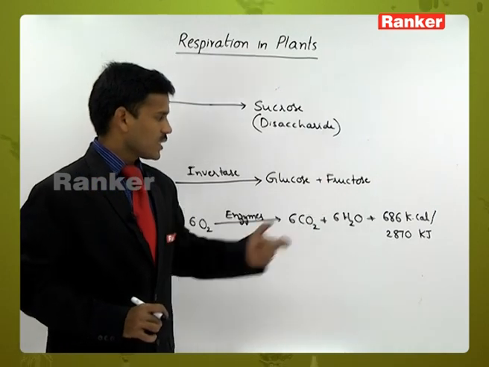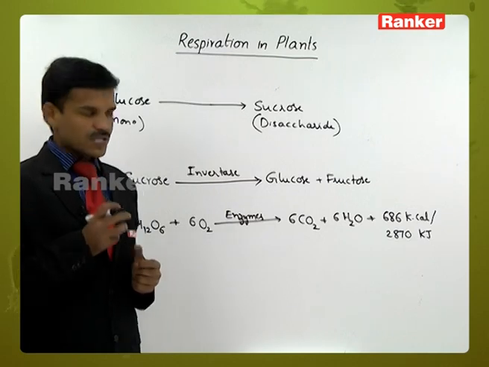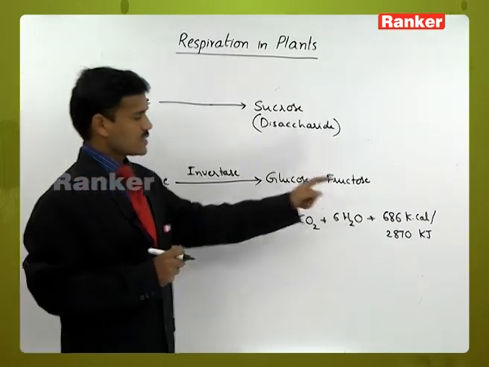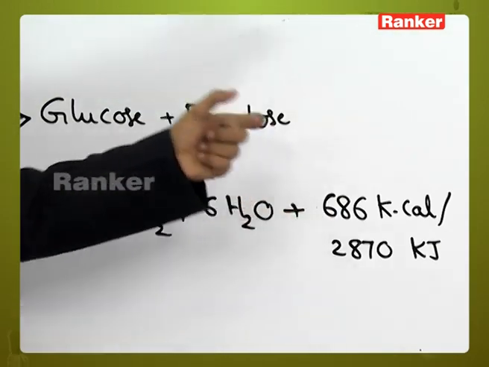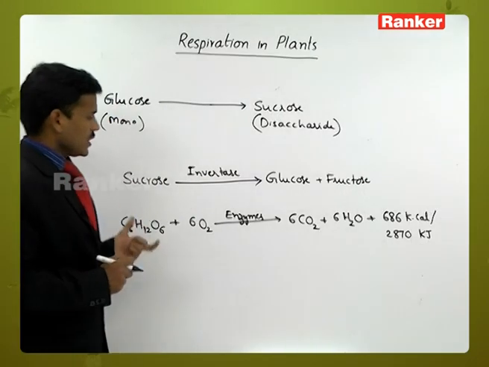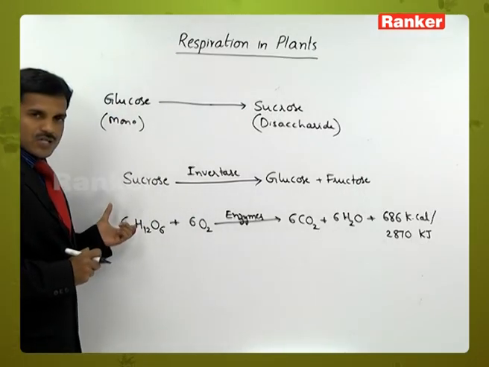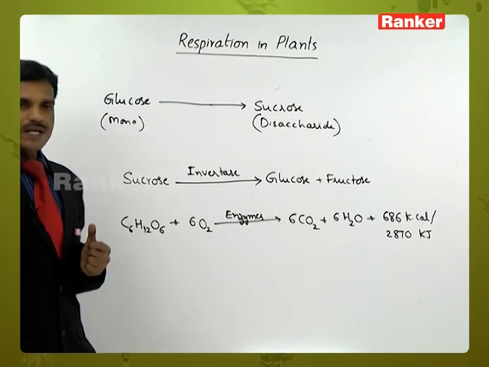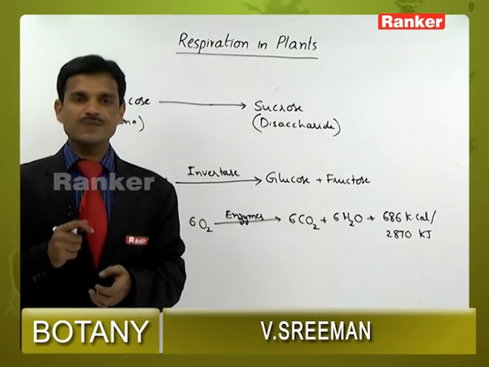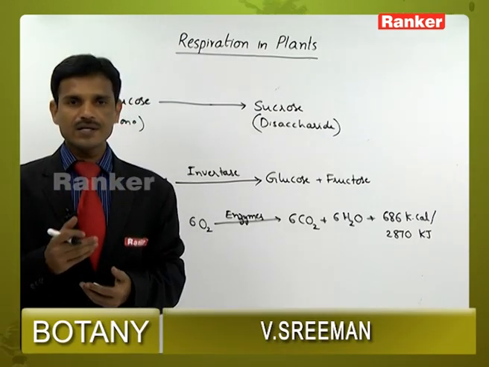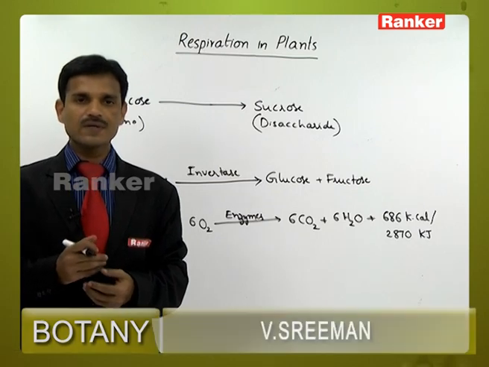Some energy is released. Some of that energy is stored in the form of ATP, and some is released in the form of heat. So this is the aerobic respiration equation. Next, respiratory substrates. Different substrates, different raw materials, are involved in respiration.